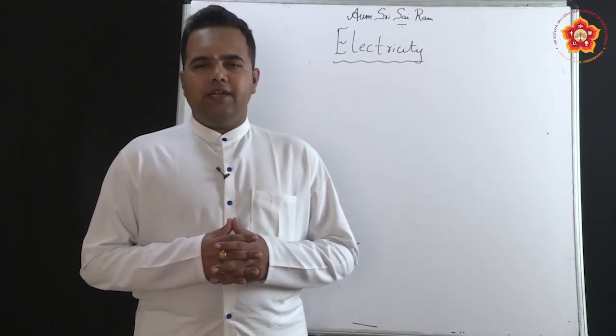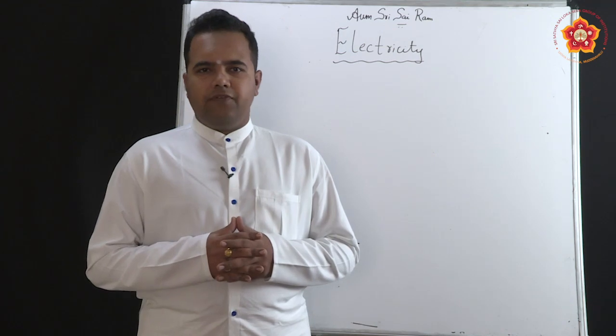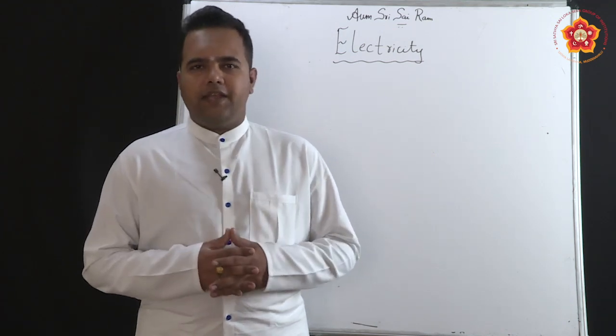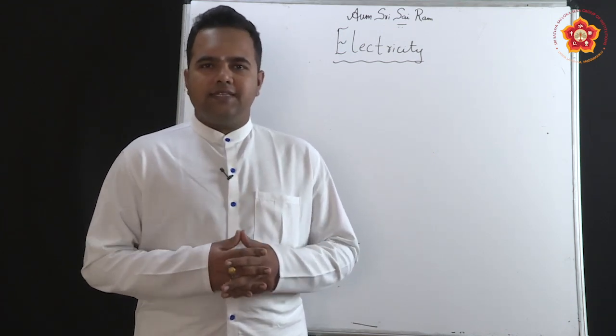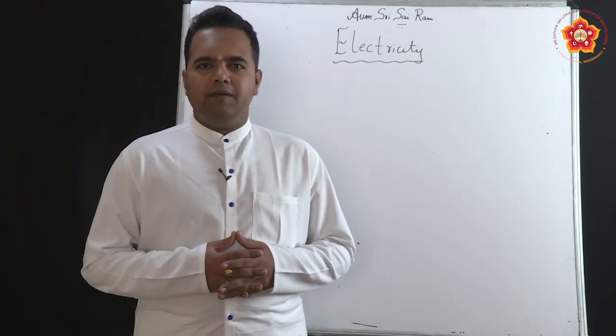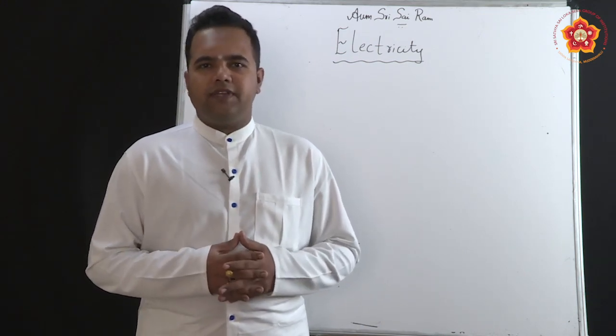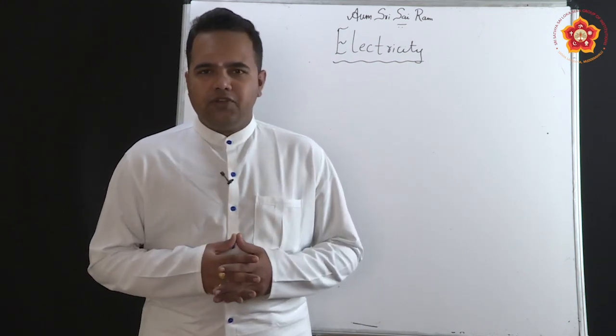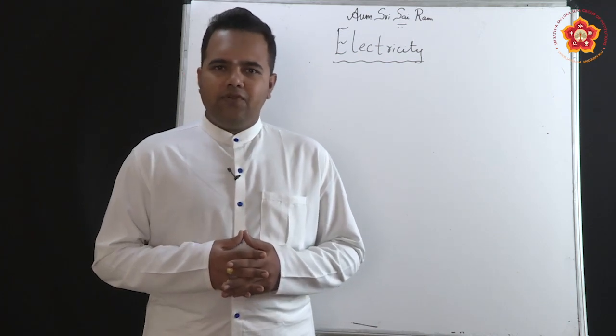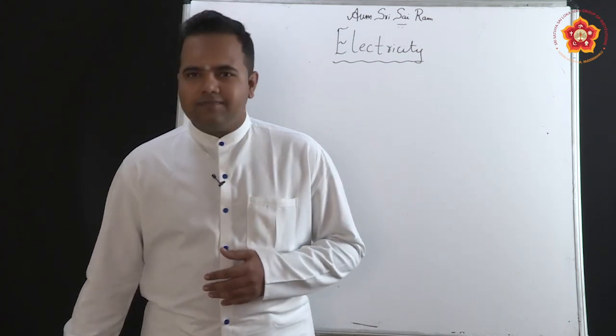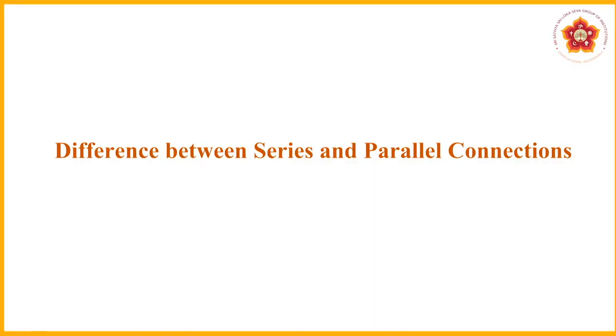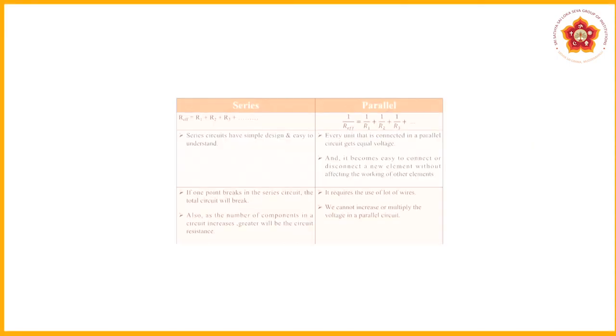So far having discussed the differences between series and parallel circuits, let's continue further by listing out a few more differences. As you can see, there are a few differences listed out. Difference between series and parallel connections.